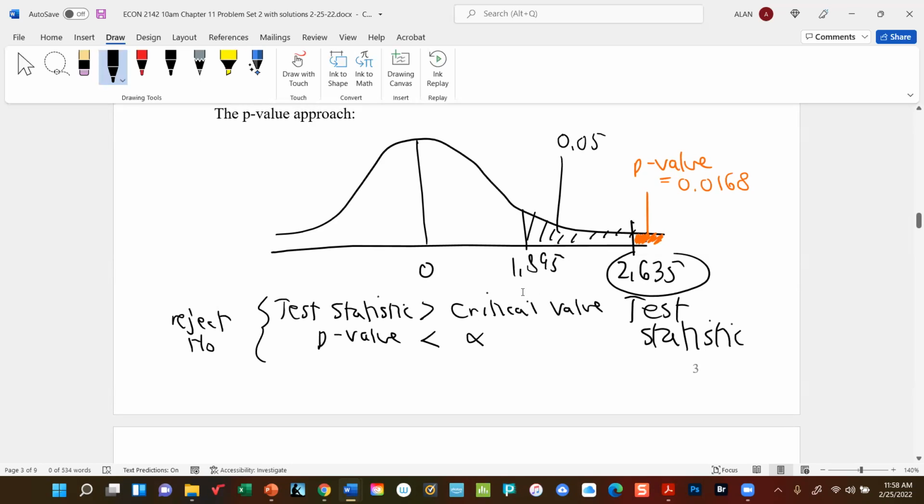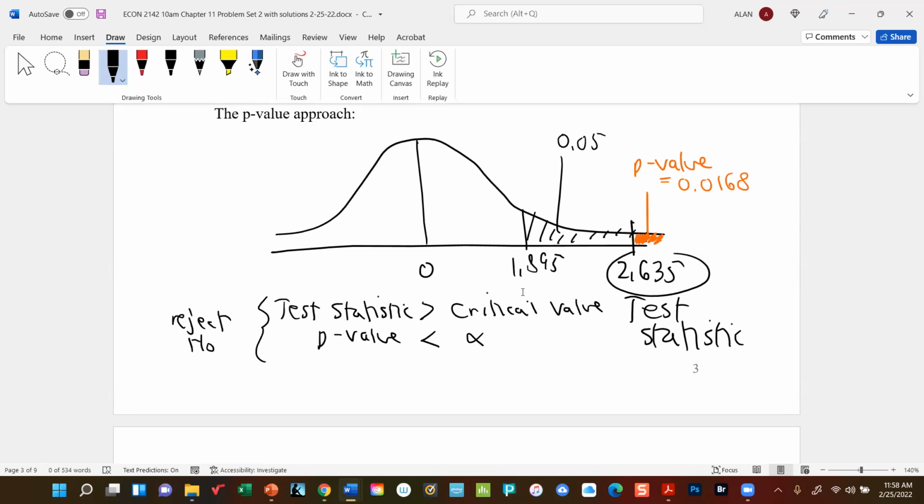Now, in this day and age, the p-value approach has gained in popularity in recent years as calculators and statistical software have become available. In fact, some books go so far as to call the p-value approach the modern approach, because if you look at any software, including Excel, it will always give you a p-value. It almost never gives you the test statistic.